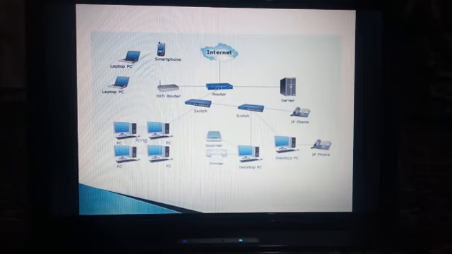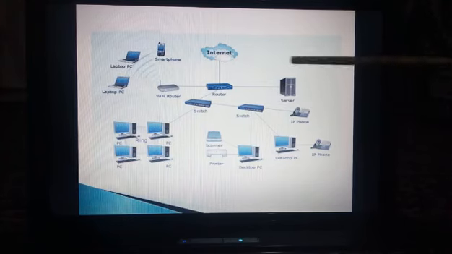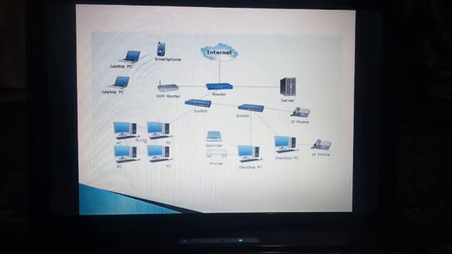When a switch receives a packet of data, it determines what computer or device the packet is intended for and sends it to that computer only. There is also one main device called a server. A server is used to send data to all computers in the network, and those computers are called clients.